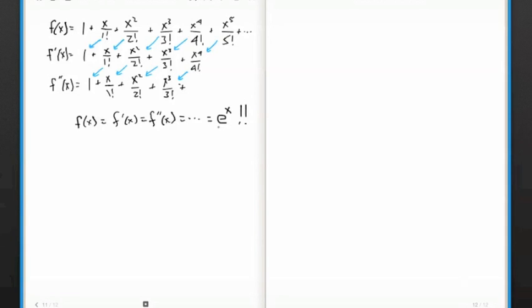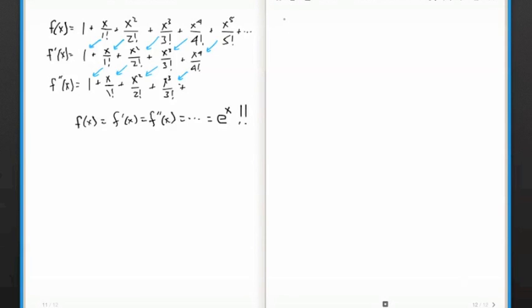Which I think is just really, really amazing. This is convincing to me that we keep taking the derivative over and over again. It's the same. So the only function that does that is e to the x. So this polynomial has got to be e to the x. So that's an interesting approach to that one.